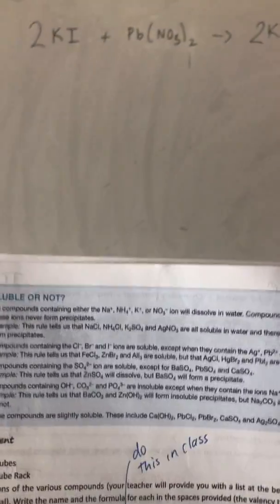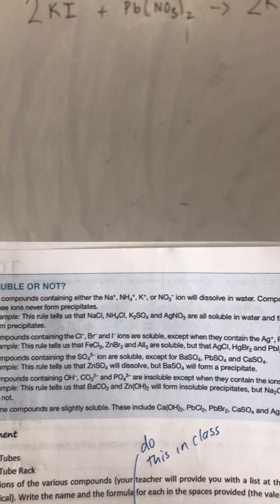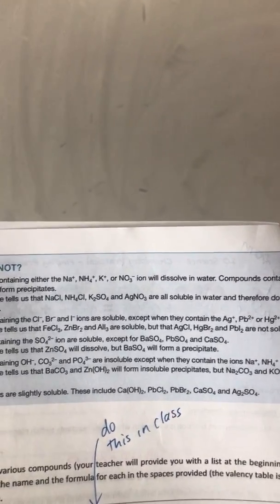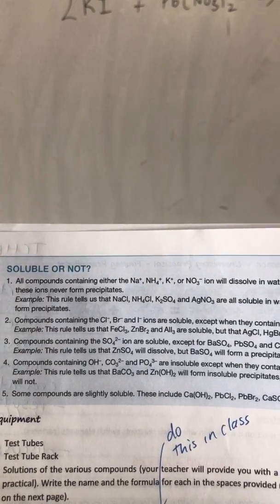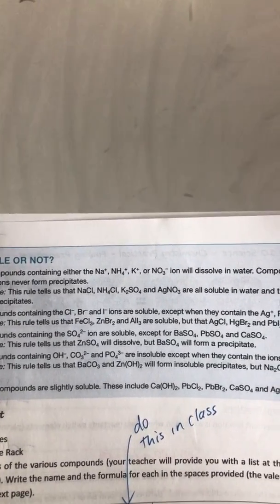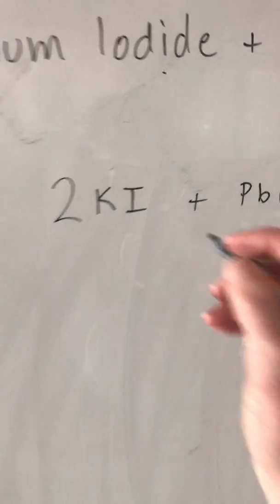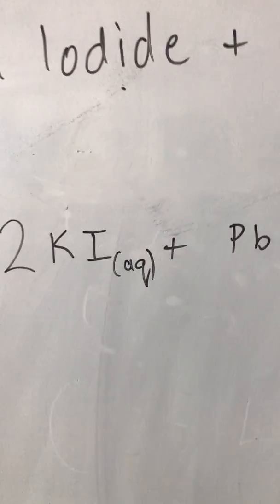All compounds containing sodium, ammonium, potassium or nitrate ions will dissolve in water. Compounds containing these ions never form precipitates. So we know that sodium, we don't have that, ammonium, potassium. So any of our compounds here that contain potassium will never form a solid or a precipitate.